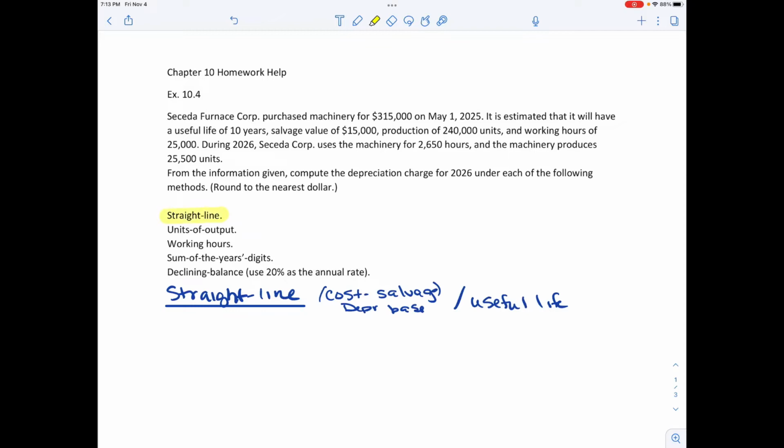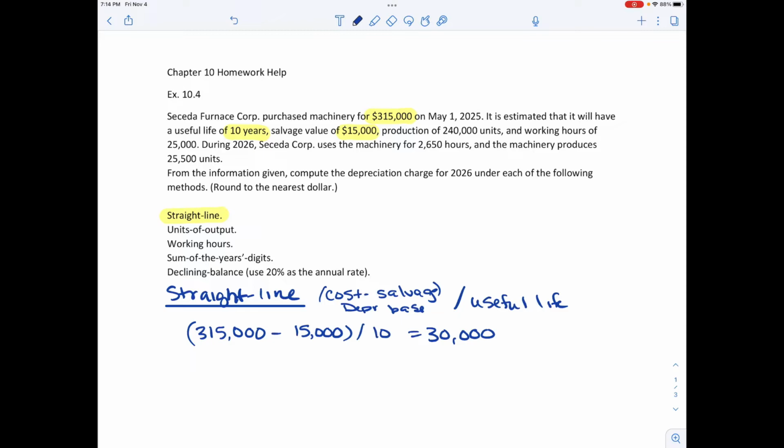Again, we're looking at straight line, cost minus salvage value, and we're looking for those number of years. So I take that 315 minus my salvage value, divide that by my useful life.